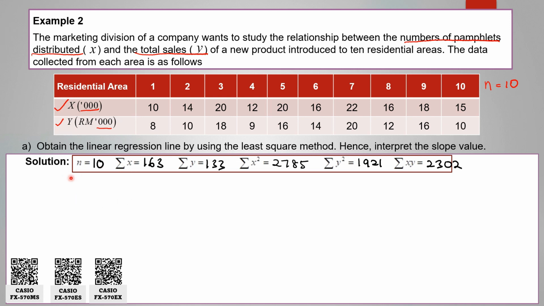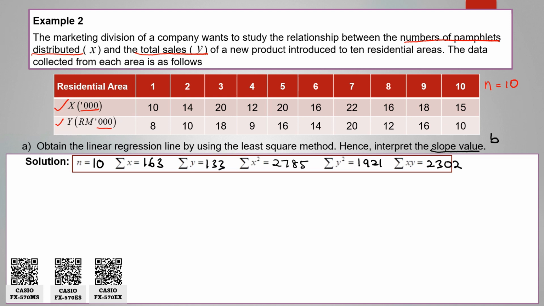What are the formulas involved in order to find question A? Question A: obtain the linear regression line by using the least square method, hence interpret the slope value. First, you should know what the slope value is. The slope value is represented by the value of b from the linear regression line.